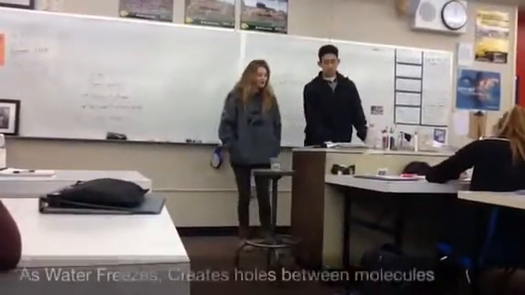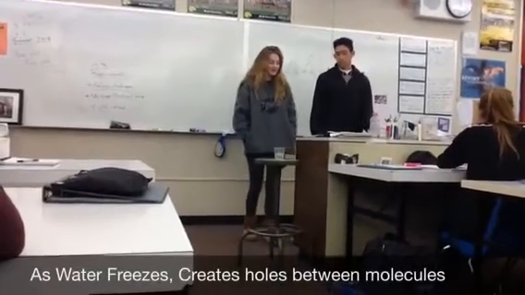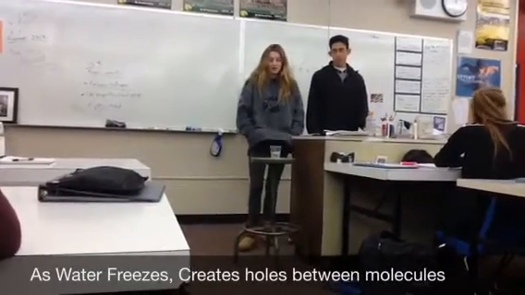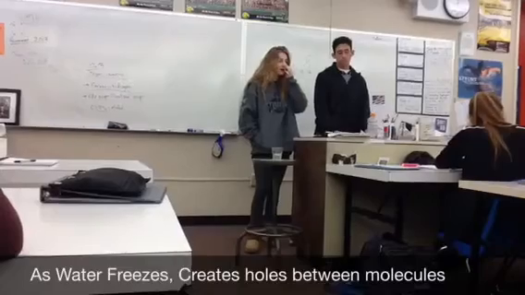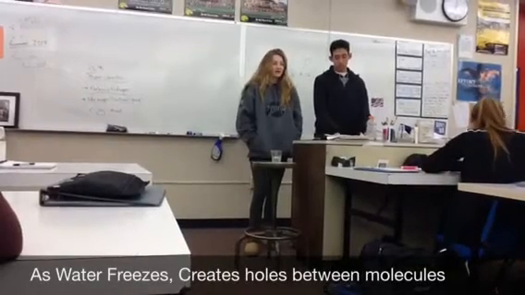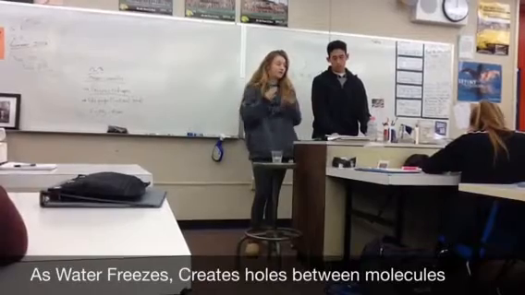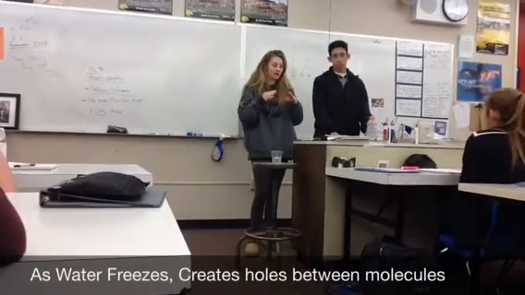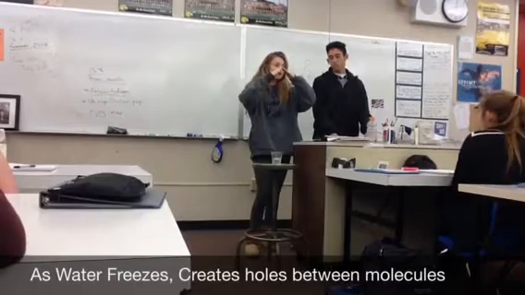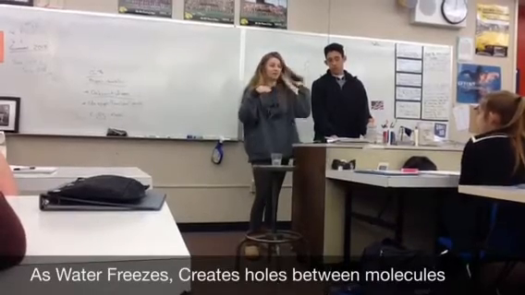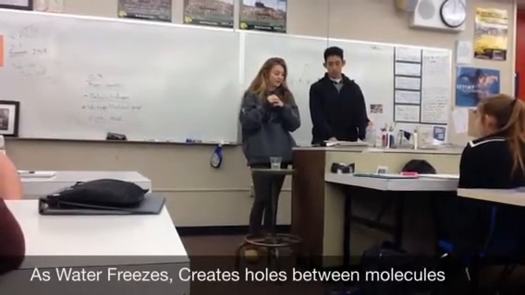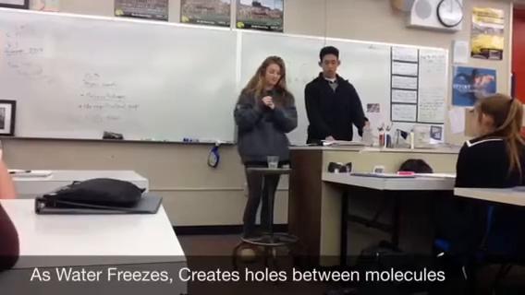Okay, so when water freezes, it becomes less dense than its liquid state, which is very unique because usually when things freeze, they become more dense. This is because the form of the hydrogen bonds to the oxygen is a triangle. So when they all freeze together, it creates little pockets of space, so it floats to the top.